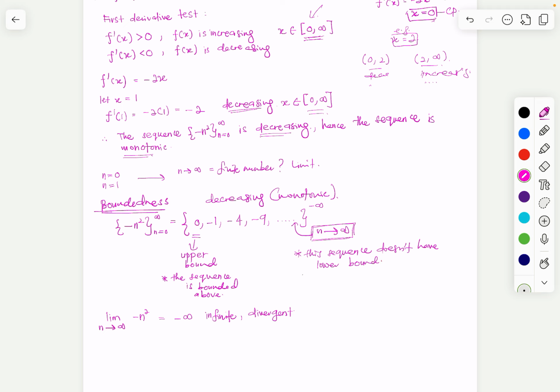Okay, so that means hence it is not bounded below.